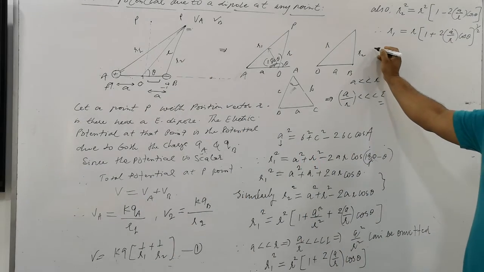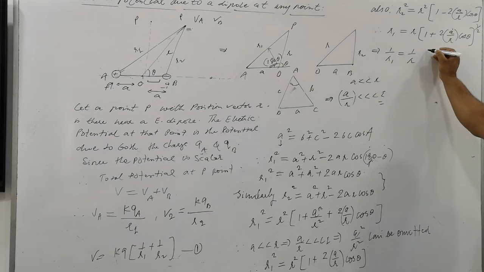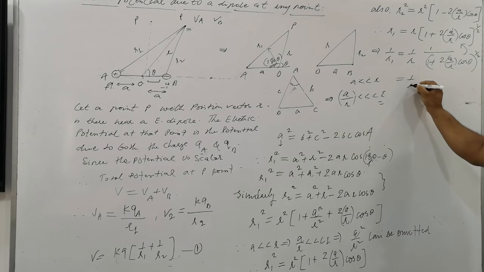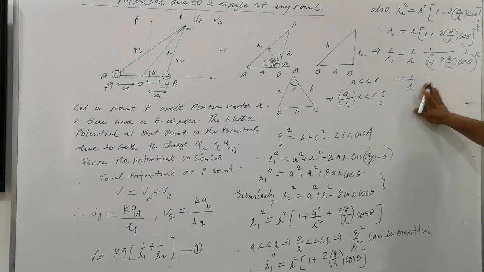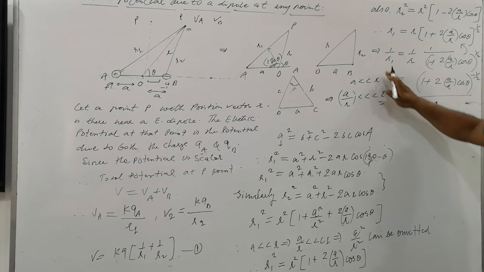So 1 by r1 is equal to 1 by r and 1 by 1 plus twice a by r cosine of theta, its power is half. And if this goes to the numerator, then the power will be minus 1 by 2. So 1 plus twice a by r cosine of theta, whole power minus 1 by 2, divided by r. And there is what?